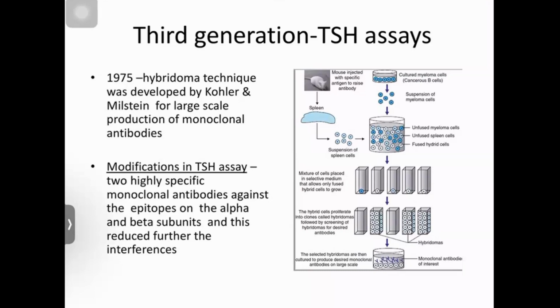So this was the hybridoma technique, and because of this we were able to produce on a large scale monoclonal antibodies which are now specific for TSH alone. So we can now develop highly specific monoclonal antibodies against an alpha subunit, a beta subunit, eliminating the interference that we have from other glycoproteins which share this alpha subunit.